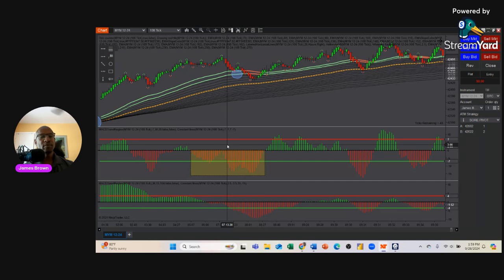Did it drop below zero? Yes. The whole MACD histogram is below zero. And now we wait, and we just wait for it to turn. It's as simple as that.